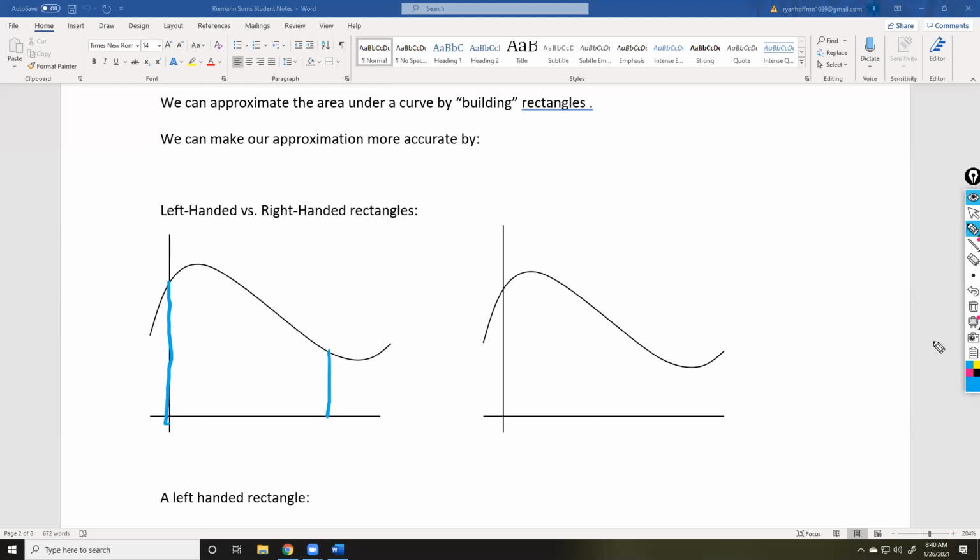If we are using left-handed rectangles, then what that's going to mean is that we are always, as a rule of thumb, so we'll go 1, 2, 3, as a rule of thumb, we are going to always use, when we talk about our height, we're going to use the left endpoint.